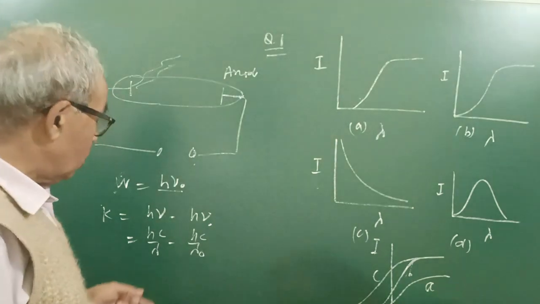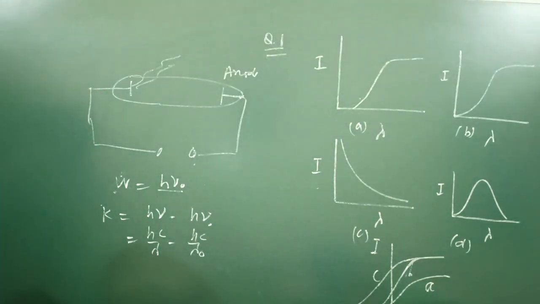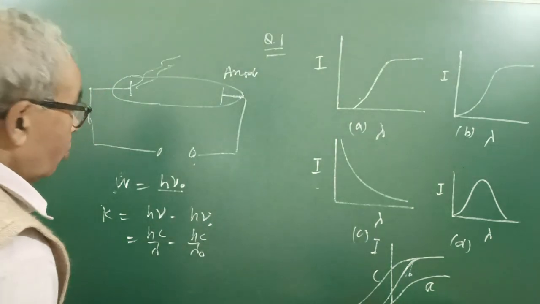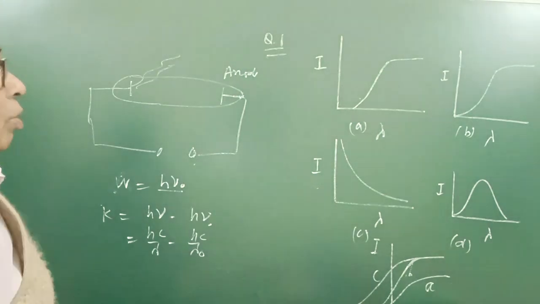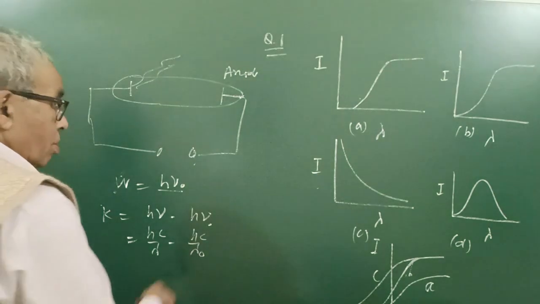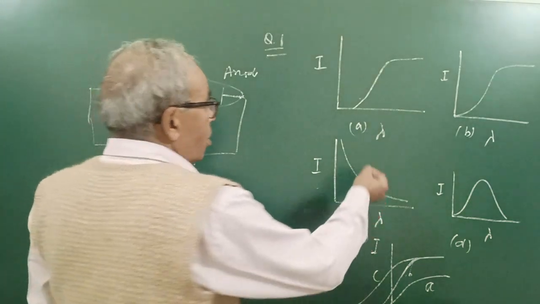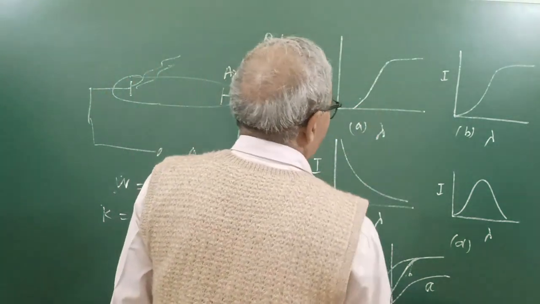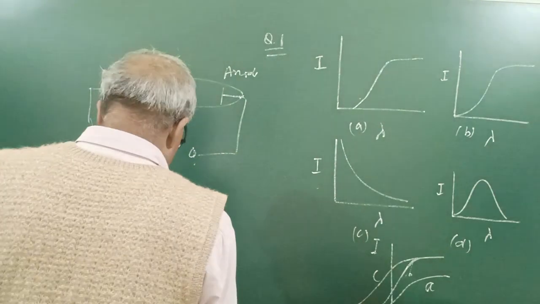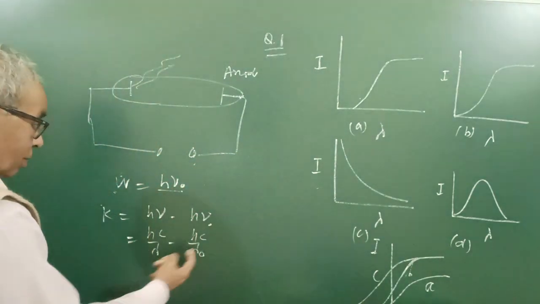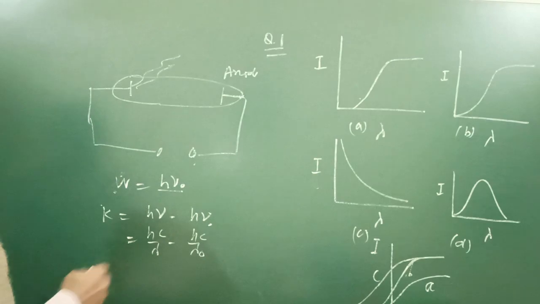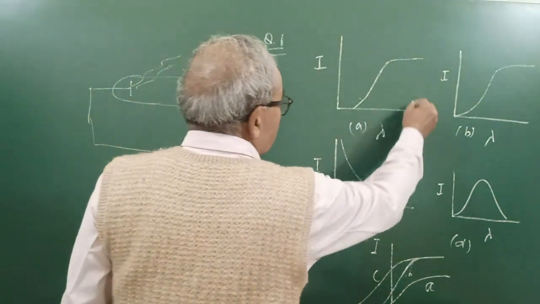If lambda 0, if we think this graph on this lambda, this energy will become less than this. So no electron will be emitted as we increase. So this is wrong.